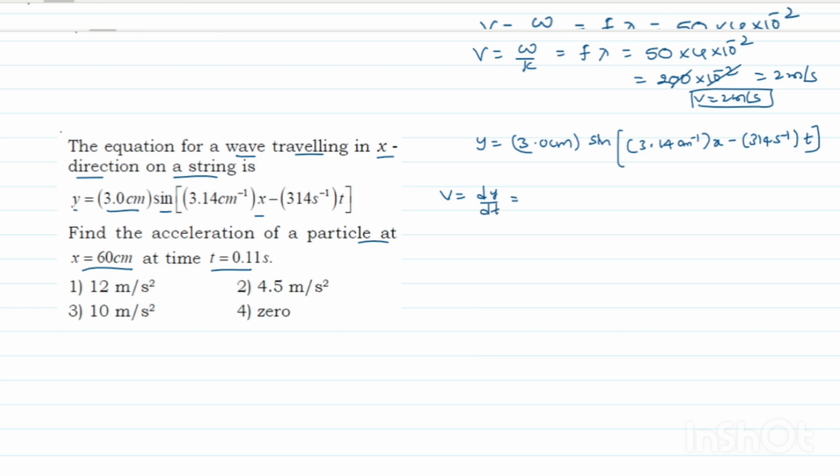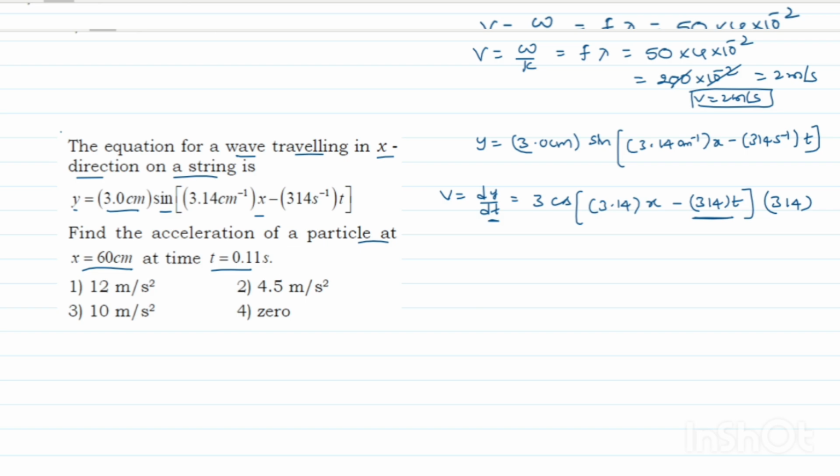When differentiating this function, you write 3 into the derivative of sine, which is cos, of (3.14 into x minus 314 into t). I am not taking the units, students. Then multiply by 314, because x is a constant when differentiating with respect to t, so the derivative of the inside is 314. So this is the velocity value we get.